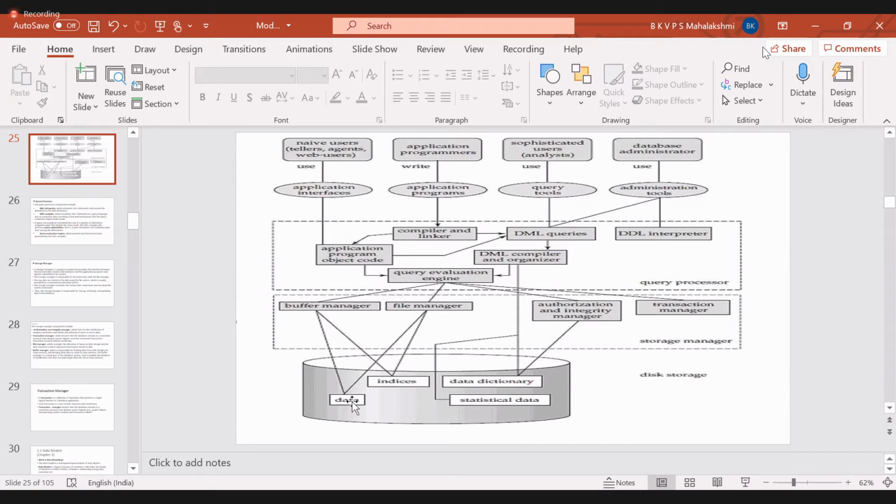And this data dictionary is nothing but it gives us the data about the database. If you have a doubt, like data is data, so what is the data dictionary? Data about the data means what? Suppose you have stored your data somewhere, and I want to know about your database.